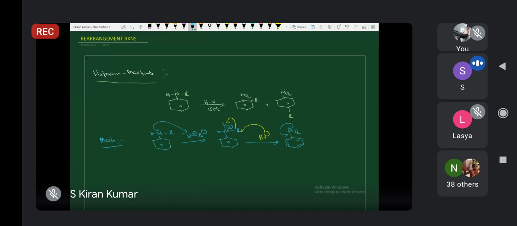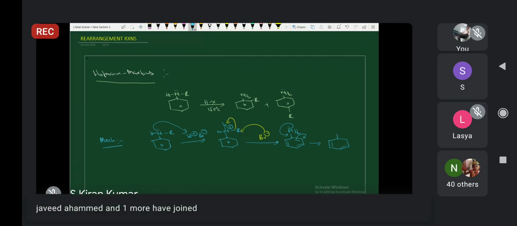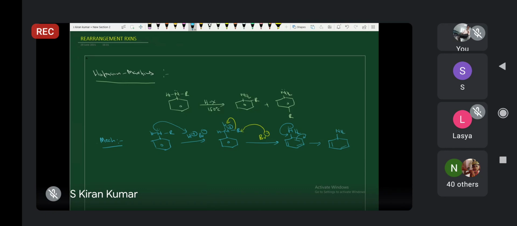When it donates electrons to the ring, the ortho carbon gets negative charge. At the ortho position, hydrogen is there and the ortho position has negative charge.